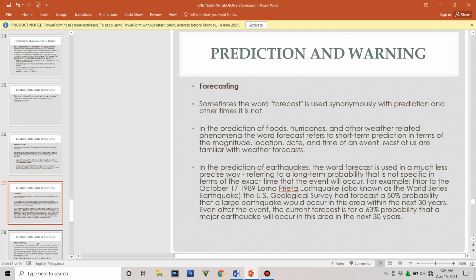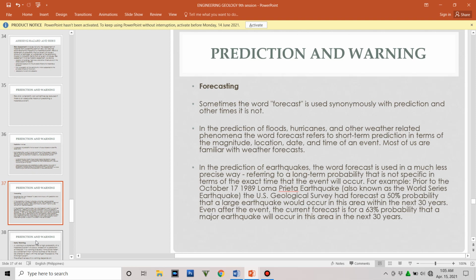Example nga, yung earthquake, pag nag-forecast ka, it is within a period. Like, prior to the October 1989 Loma Prieta earthquake, also known as the World Series earthquake, the U.S. Geological Survey had forecast a 50% probability that a large earthquake would occur in this area within the next 30 years.